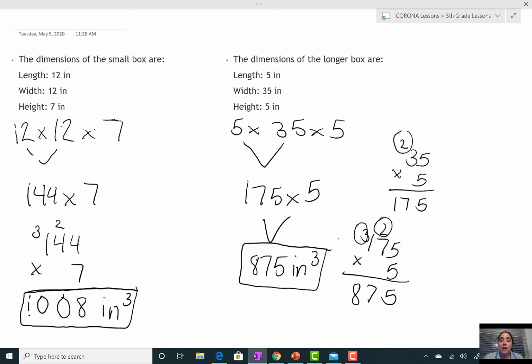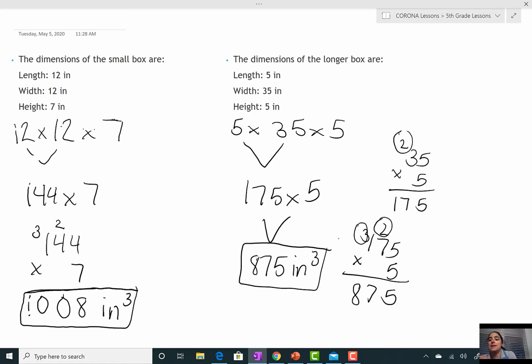So I want to talk about this for a second. Even though that box had a width that was really, really long, 35 inches, it actually has a volume that's a lot smaller than the short, stocky box. So you could actually fit a lot more in the small box. But it's the way it's designed. The box was made that long because you don't need something that's that tall or that wide.